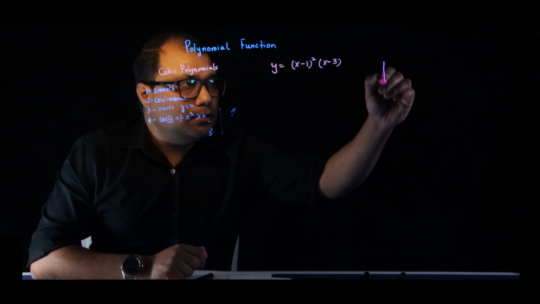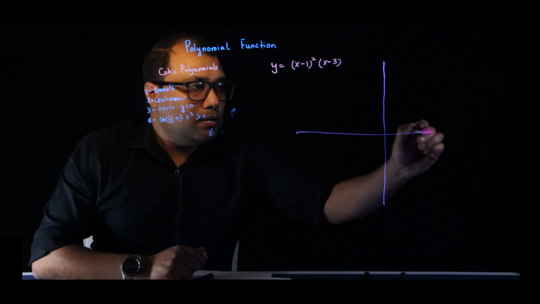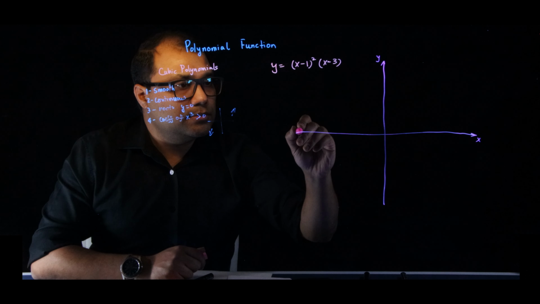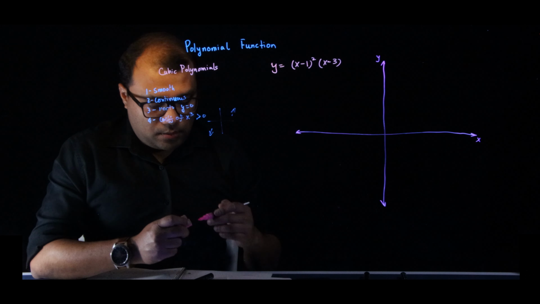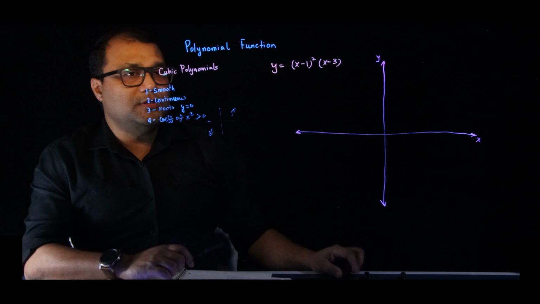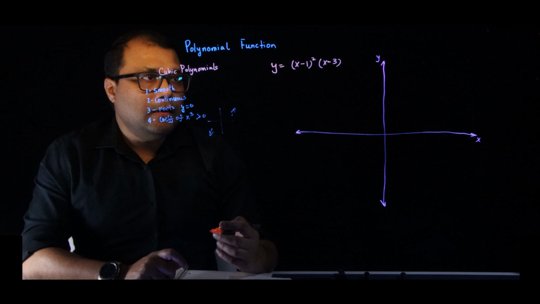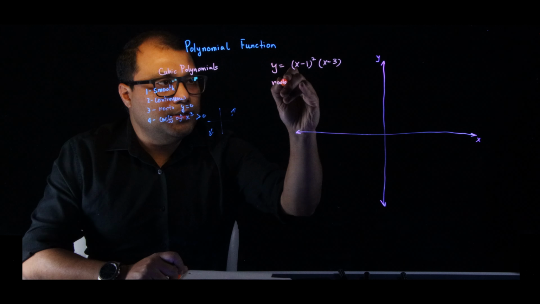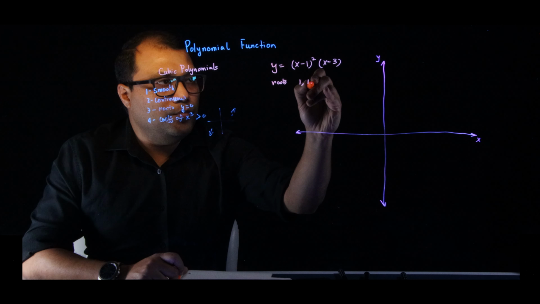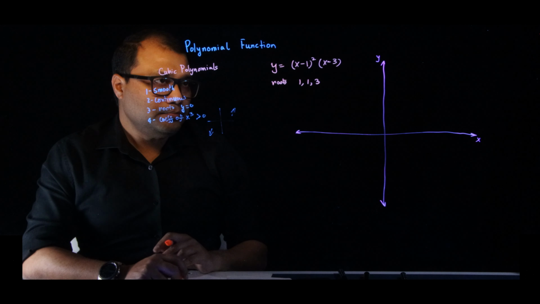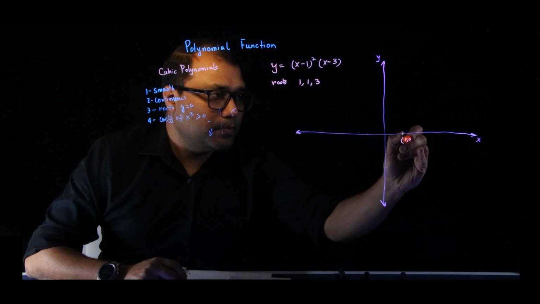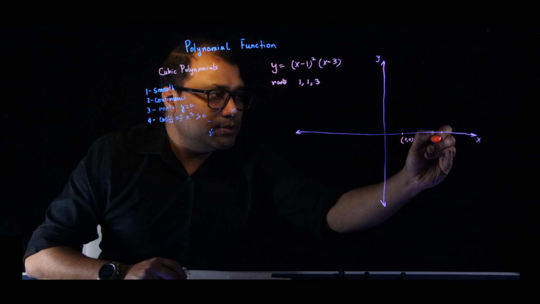Let's draw the x and y axis. How would the graph of this one look? First thing, let's find out the roots. So the roots of this polynomial are 1, 1 and 3. So (1, 0) and (3, 0).